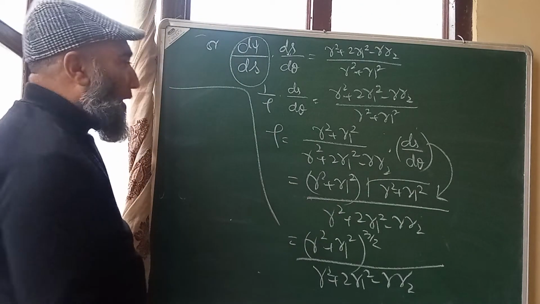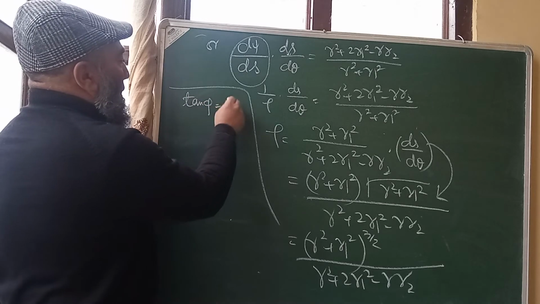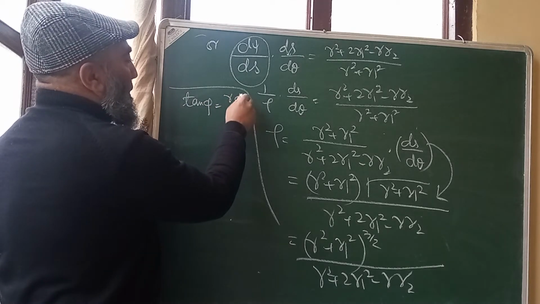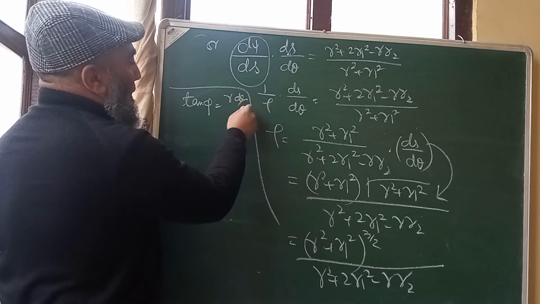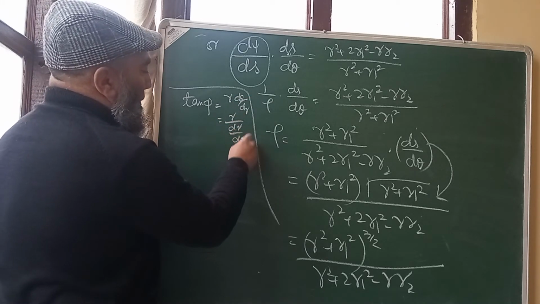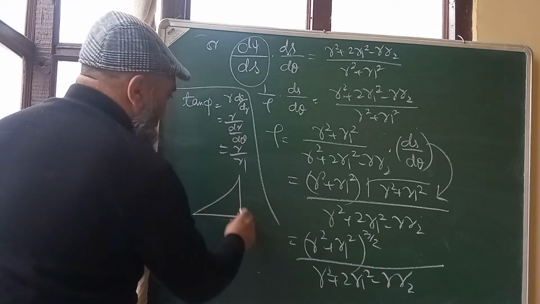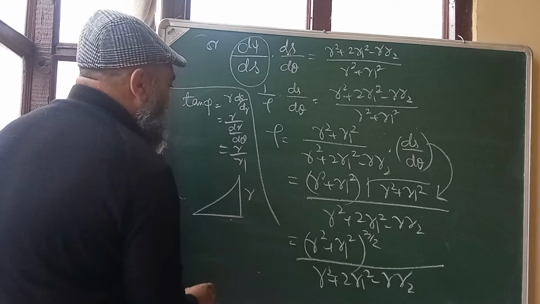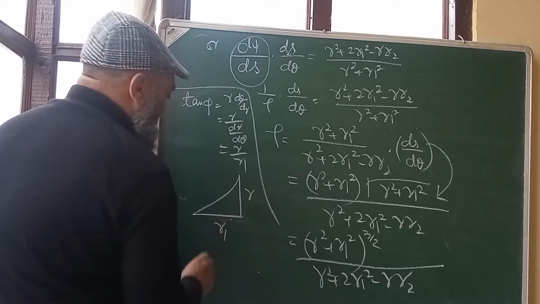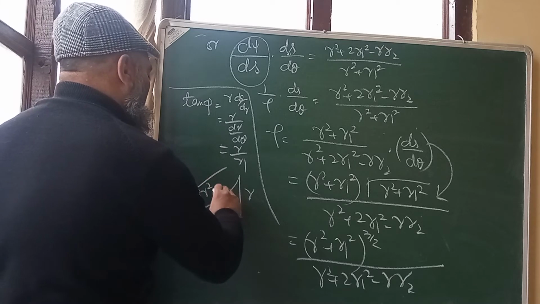If you want to remember how this is equal to this, you may go to the article. Tan phi is r by dr by d theta, or r by r1. So tan phi is perpendicular over base, so the hypotenuse is r squared plus r1 squared.